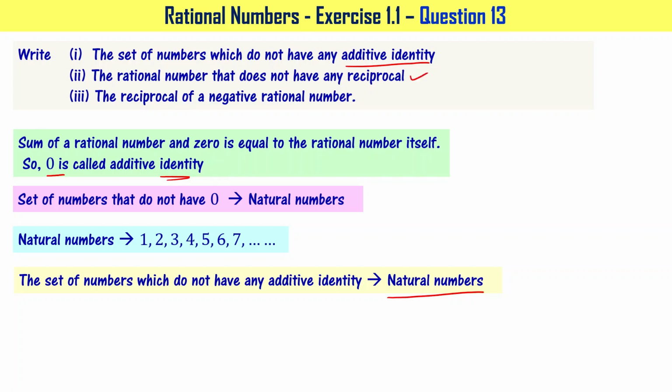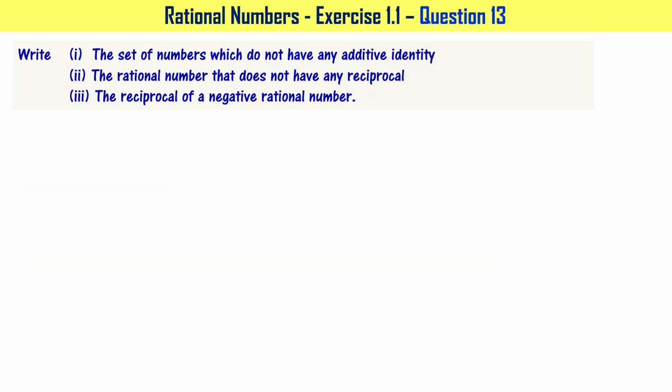Write the rational number that does not have any reciprocal, right? 1 by a is the reciprocal of a, right? In other words, we said that 1 by a and a are multiplicative inverse of each other, right? A times 1 by a equal to 1.